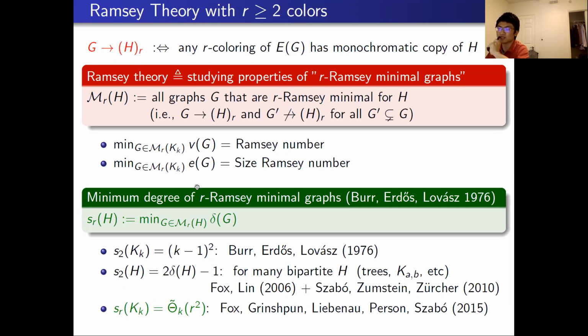Here we consider another kind of parameter, initially studied by Burr, Erdős and Lovász in 1976. We take the minimum over the minimum degree of graphs G in this collection. We denote it by s_r(H).